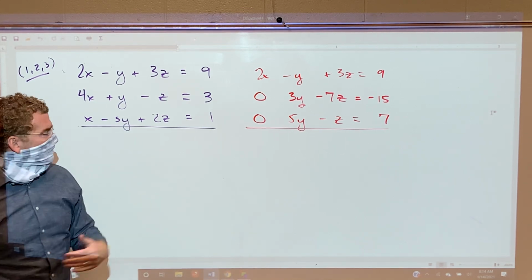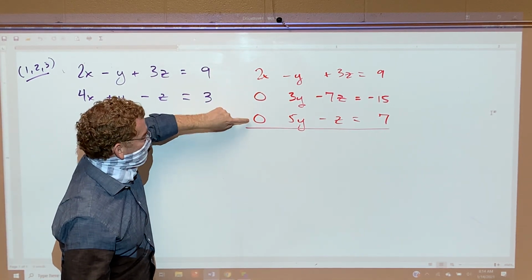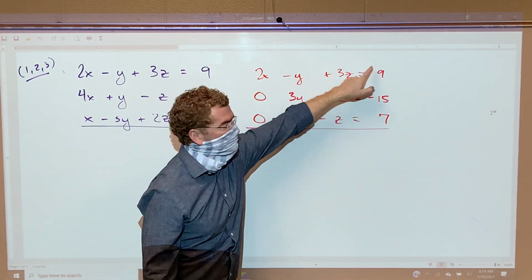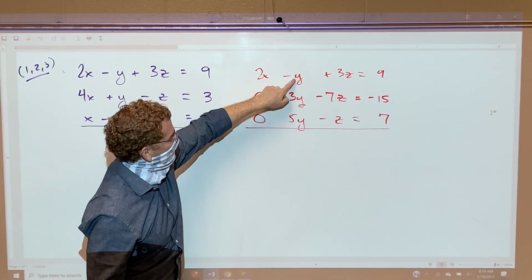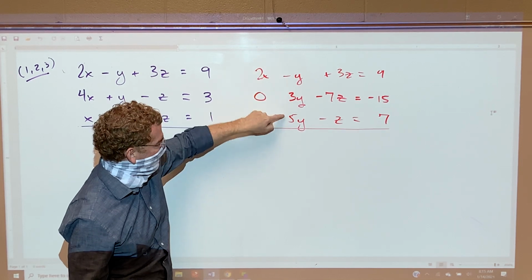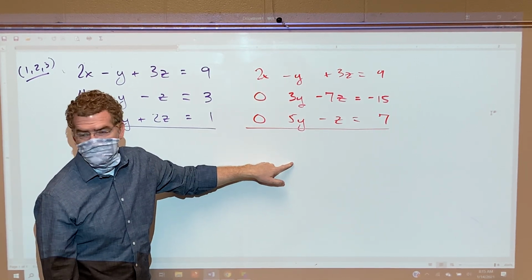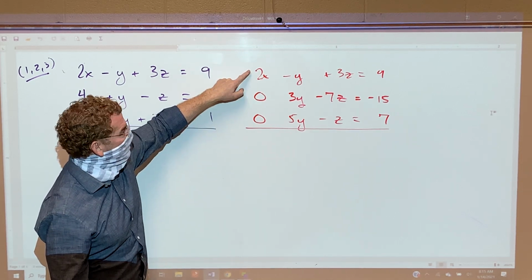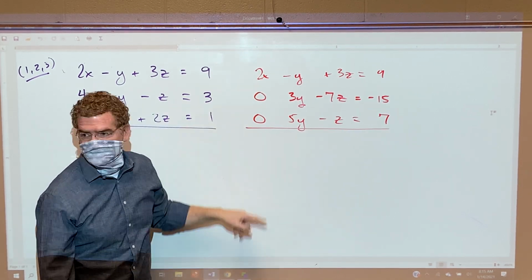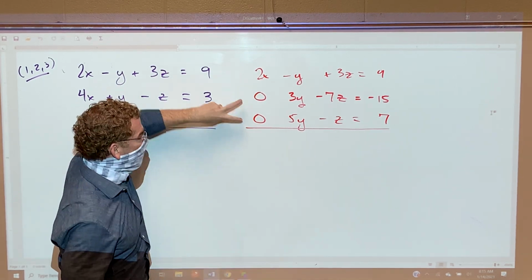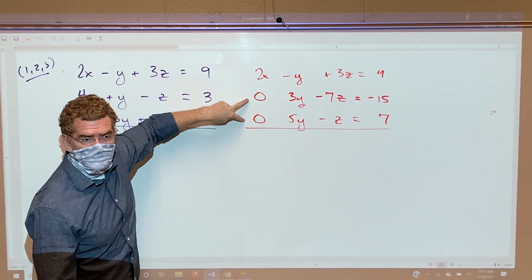Now don't look at the first one and the last one and go, oh, well, if I multiply that by a 5, that would give me a -5y and a +5y, and that would add and give me a 0. Because if I do that, what's it going to do? It's going to give me also 10x and 0 is 10x, and I'm going to lose that 0. So on the second step, always use these two, okay?